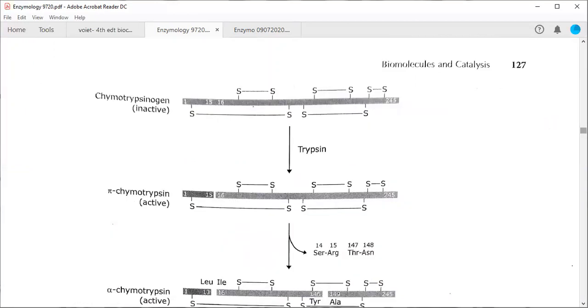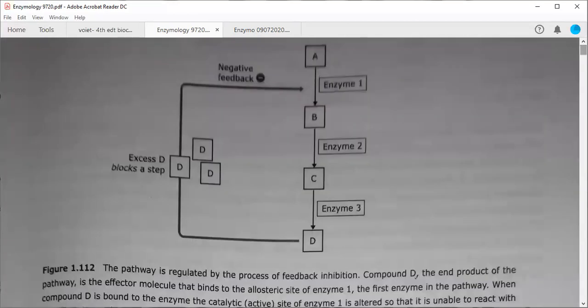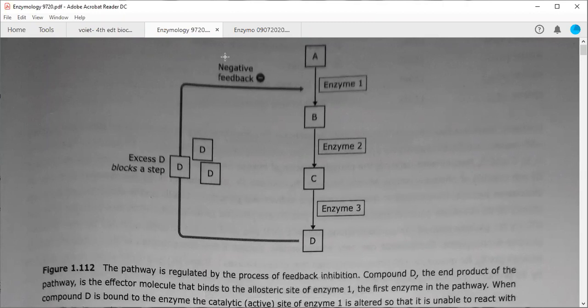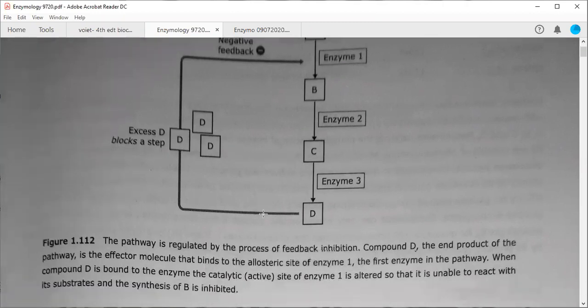In your Pathfinder, they have given this particular model where there are enzyme 1, enzyme 2, and enzyme 3 catalyzing this particular biochemical pathway. The first step is generally the rate limiting step. So the product, D, of this metabolic pathway, when present in excess, will go and block the first enzyme. This is called the negative feedback mechanism of inhibition.